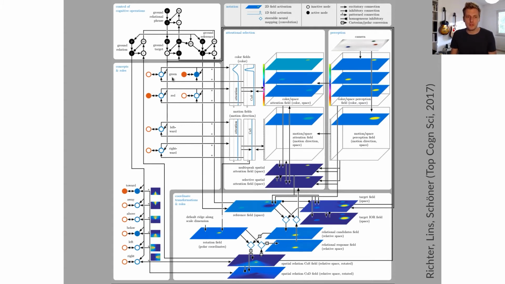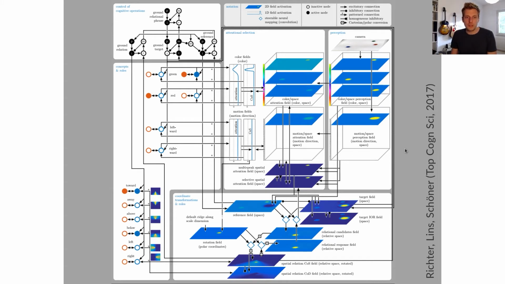Otherwise, you would get way too many of these nodes. This concept of roles of target and reference also appears down here. I'll point that out later for coordinate transformations, where we have a reference field and a target field, which are spatial representations of these objects.